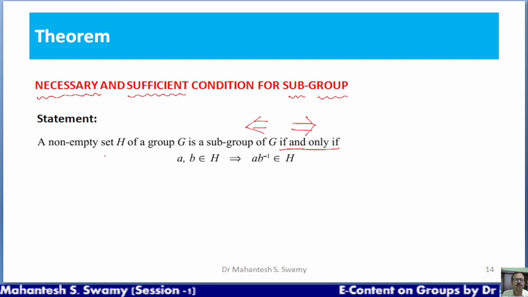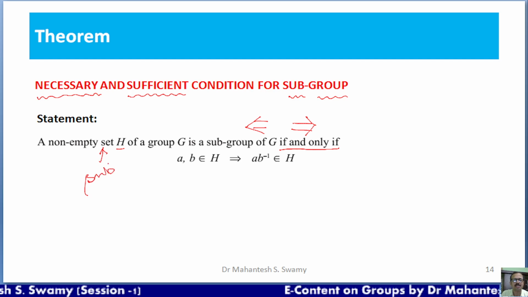That is, what is the statement? A non-empty set H, actually it should be a subset. I should have written subset here. A non-empty subset H of a group G. G is a group with respect to a binary operation star. If it is not mentioned, it should be understood.